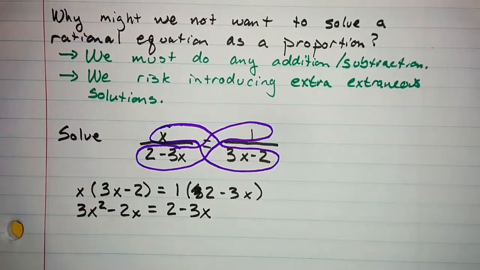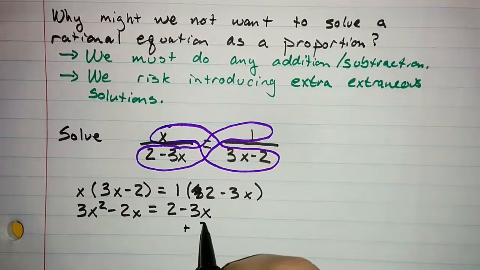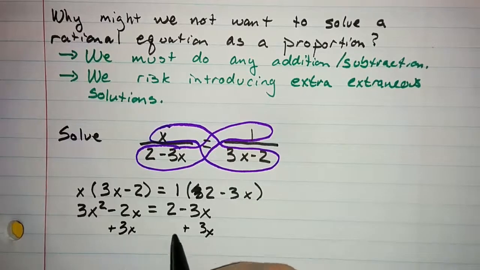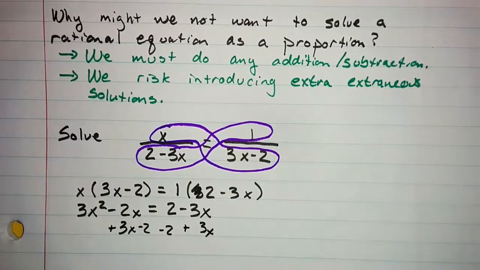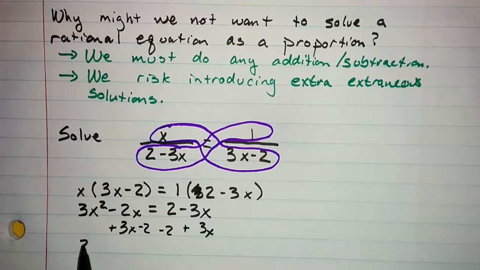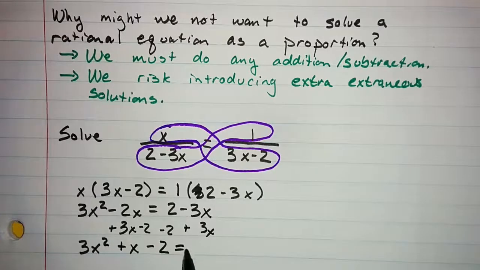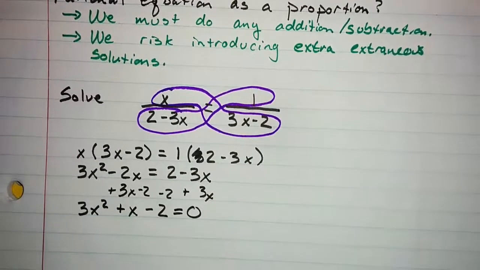This is a polynomial equation, so we need to get all of the terms on the same side. Add 3x on both sides, subtract 2 on both sides, and we'll get 3x squared plus x minus 2 equals 0.